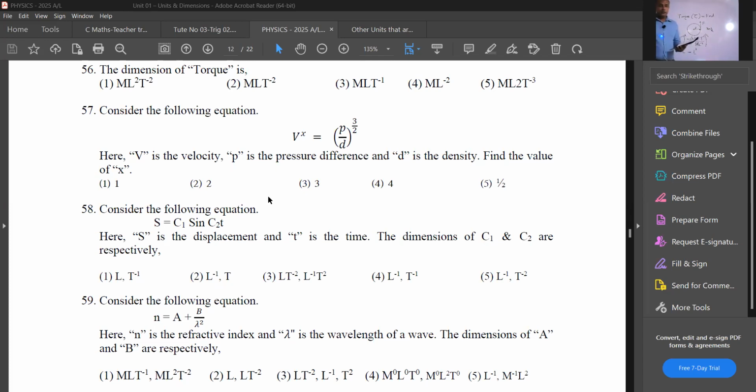Look at this. This should be an angle. C2 times time should be an angle.